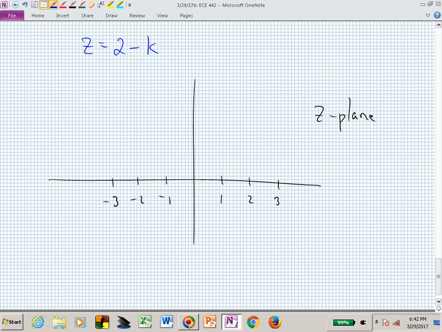I don't have my glasses on, so I can't hear you. 2. So now we started with our open loop system. If k is 0, that's our open loop system. It was unstable. We didn't like that pole, but this is now our open loop pole.